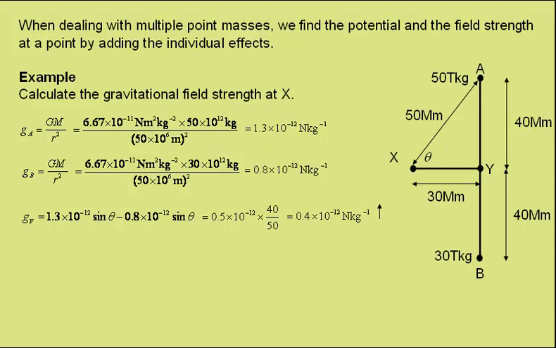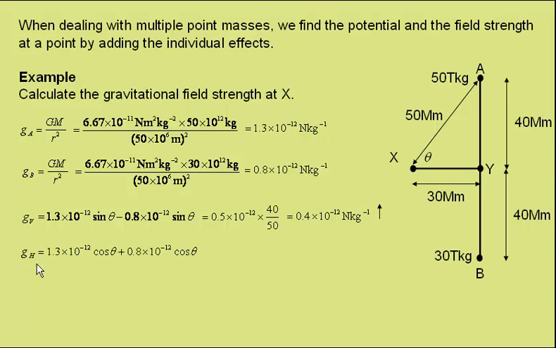When finding the horizontal component, the field due to A will have a horizontal component to the right, and the field due to B will also have a horizontal component to the right, so now they add, and in this case I'll use the cosine of theta.